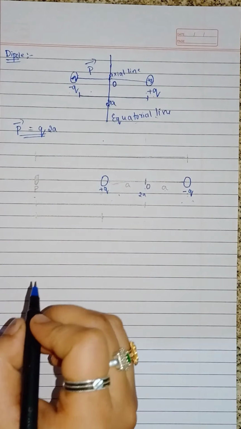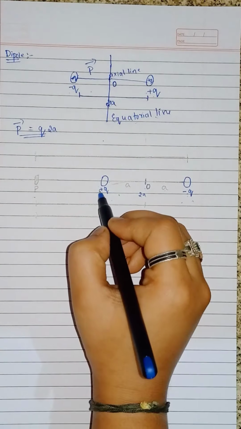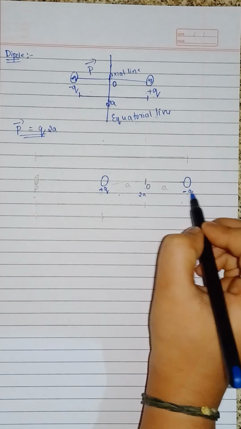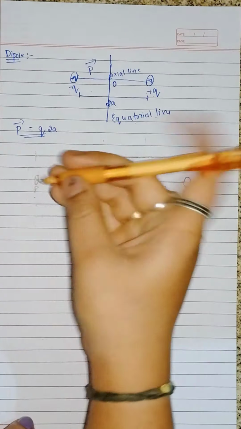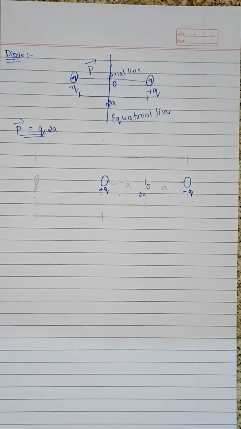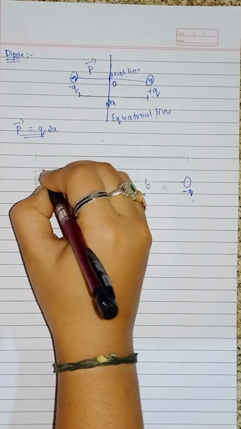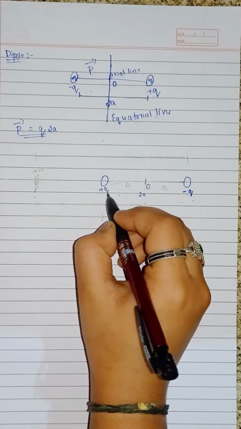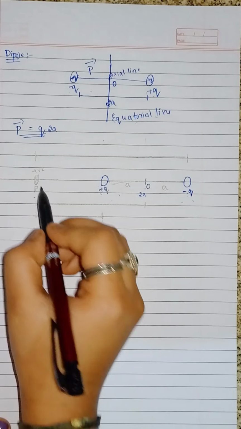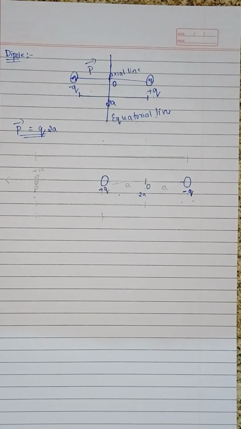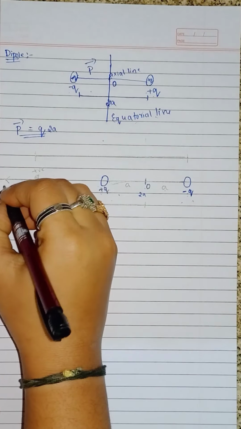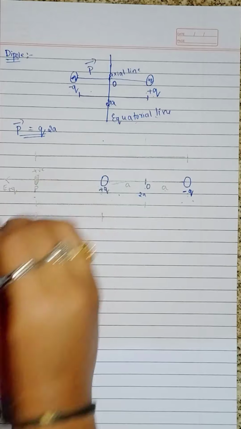Next, electric field. We have to check the electric field of positive q and of negative q at point P. First, we'll place a unit positive charge at point P. For the positive q charge, the electric field will be away from it, because like charges repel. That is the electric field due to positive q.